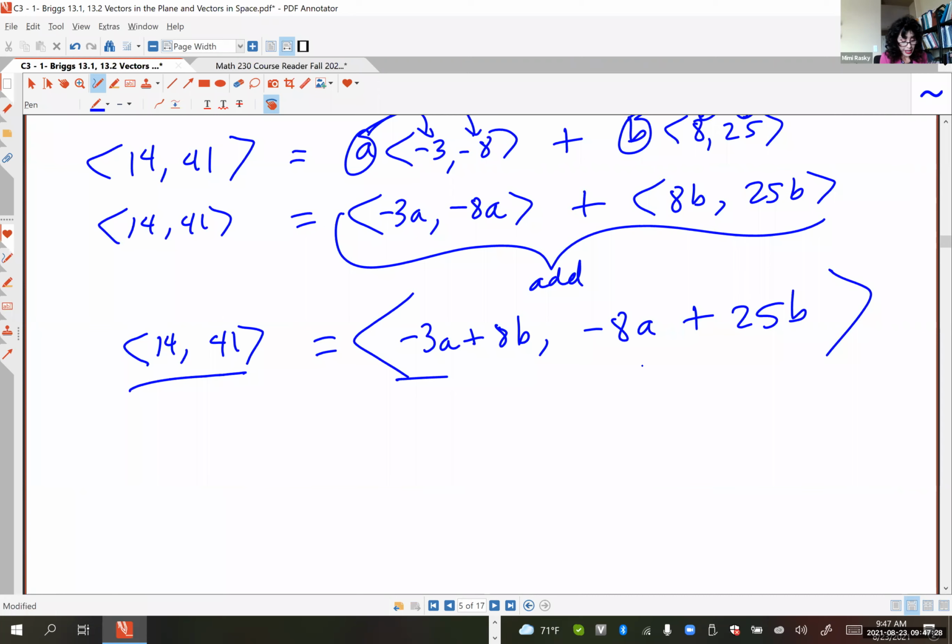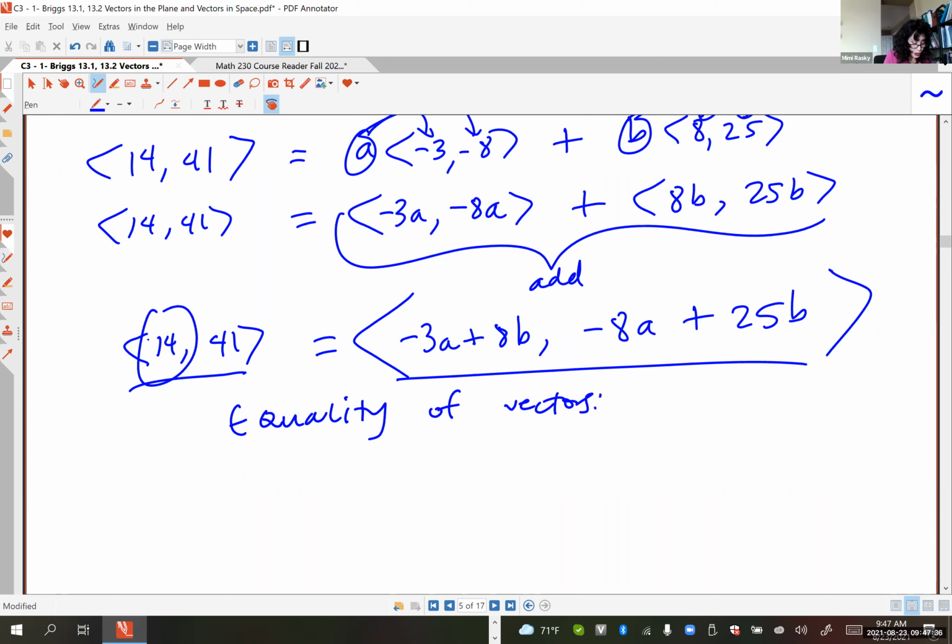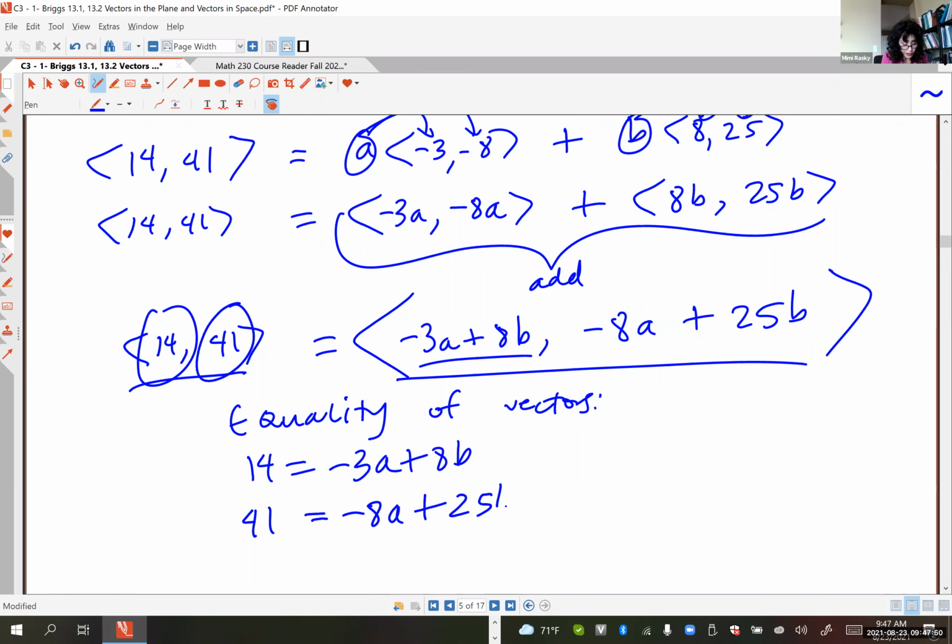So by equality of vectors, what needs to be true is the 14, that component, has to be the same as the X component of the right-hand side vector, -3A plus 8B. And similarly, the 41 had better be equal to -8A plus 25B.